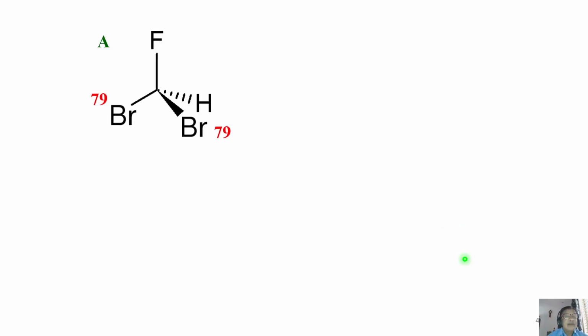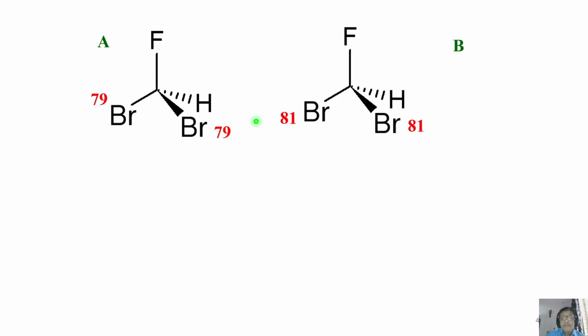Now, let us look at what are the possible isotopomers we can think of in this molecule. First situation, both bromines can be 79. There's another possibility: both bromines can be 81.